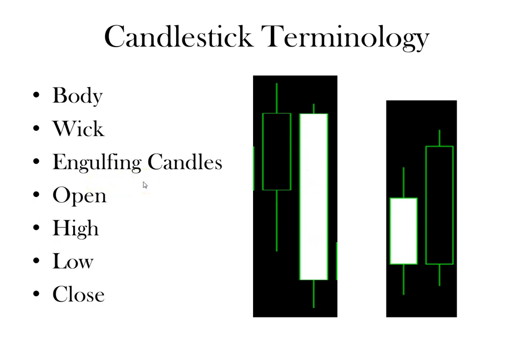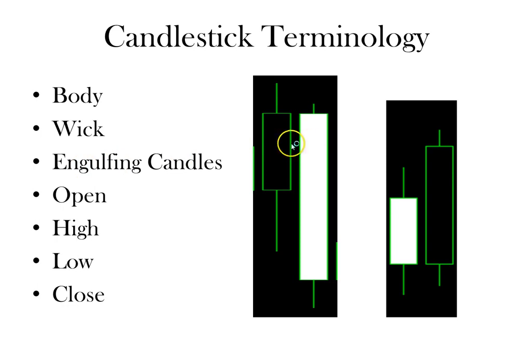So engulfing candles, what are those? Well, they're very large candles in a particular time frame that engulf or are larger than the previous candle. And we have a clear example right here. This candle is engulfed by this candle. What this word means is this candle is larger.